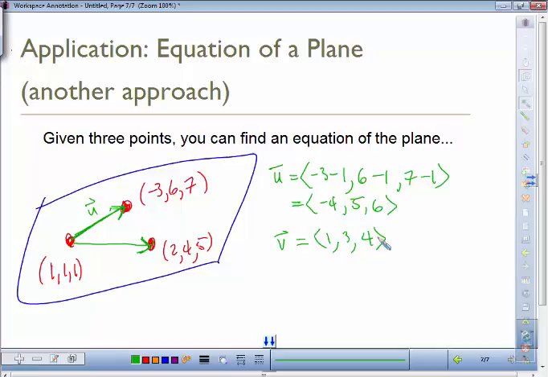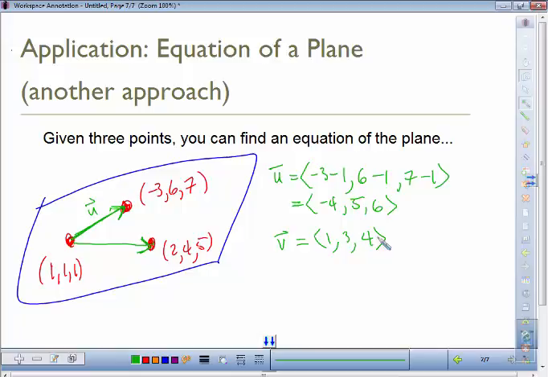So we have two vectors now, and these two vectors are on the plane. To find an equation of a plane, I should have started off with this. To find an equation of a plane, you want a point and a normal. You want two things. You have 3 points to choose from. Let's not worry about the point. Let's try to find a normal. To find a normal, we found two vectors that are on the plane.